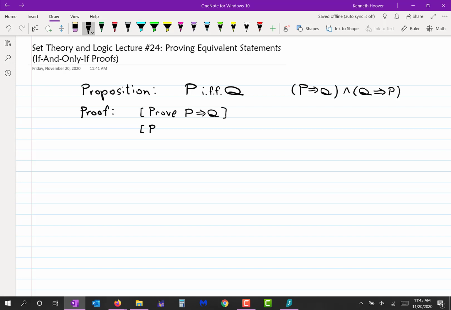And then you prove that Q implies P using direct proof, contraposition or contradiction. And then that gives you your proof of P if and only if Q. Okay, so let's practice. Let's prove this proposition.